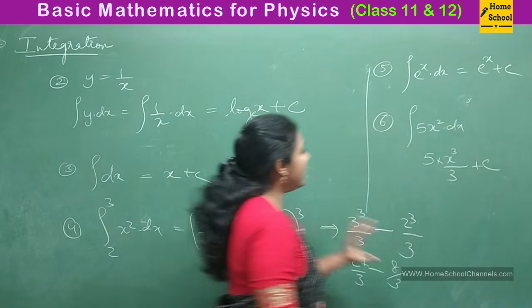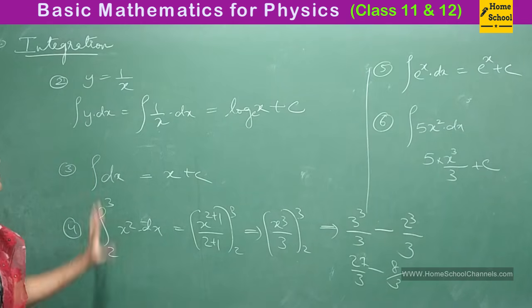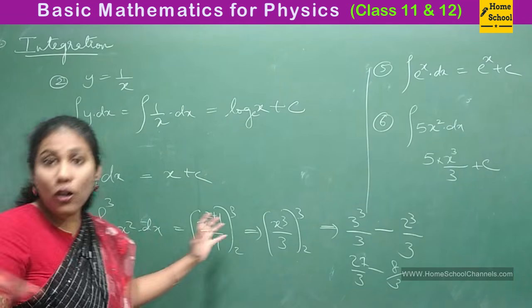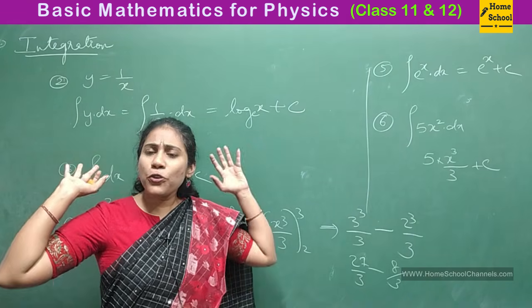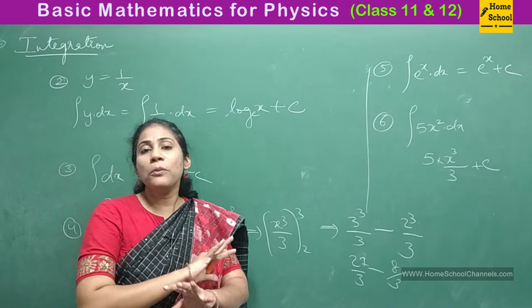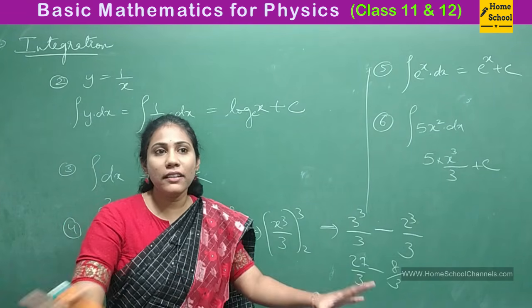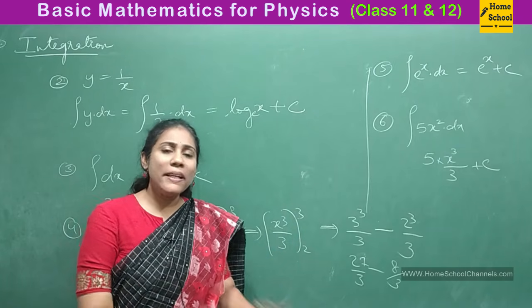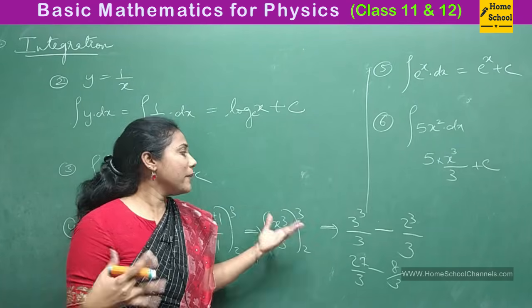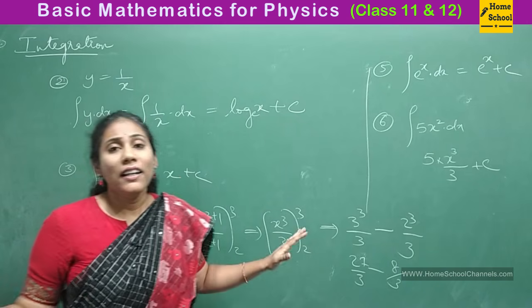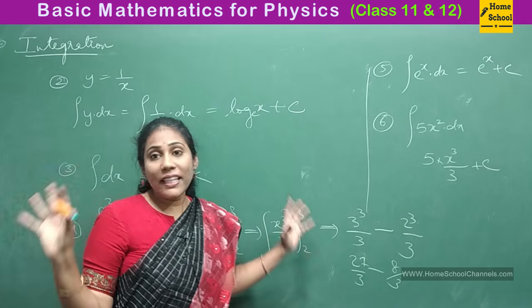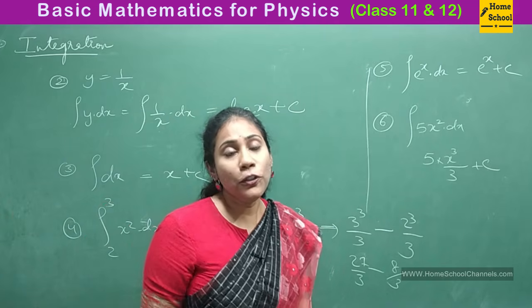Plus c. So these are the 6 basic formulas, or basic rules, you must know as of now. There are many more formulas. You have around 2 to 3 chapters in class 12 mathematics on integration, and you will come across many formulas, including trigonometric functions. It's a very vast topic, but this is the very basic thing that I told you.